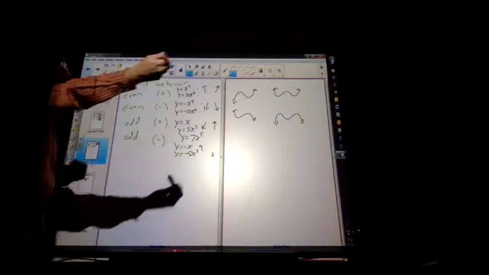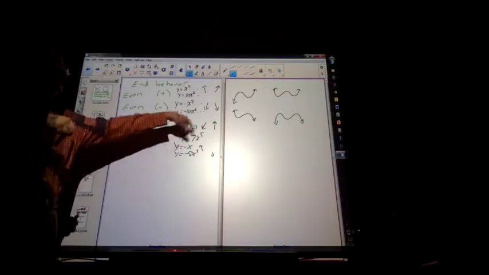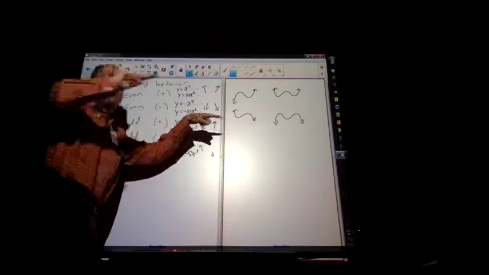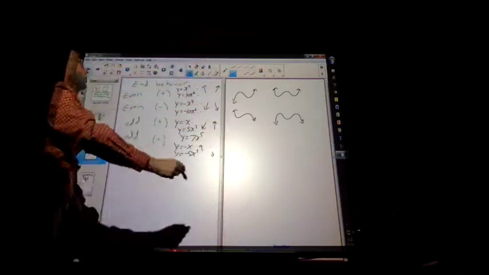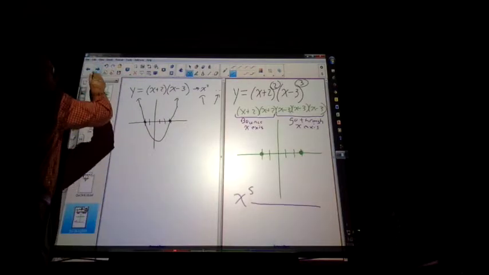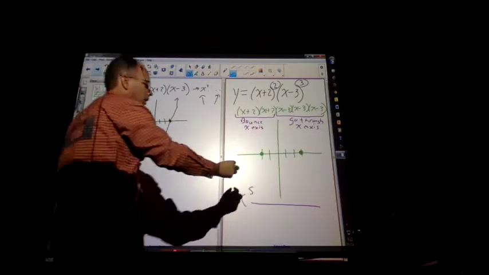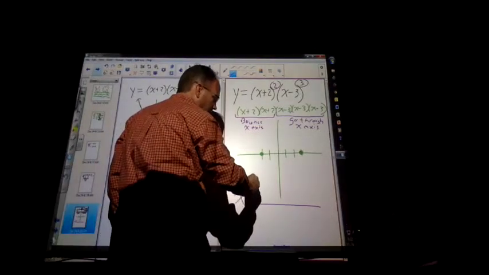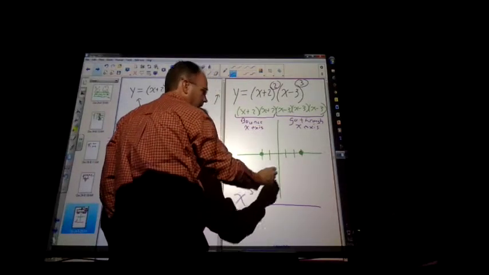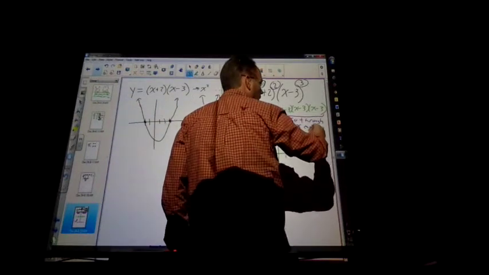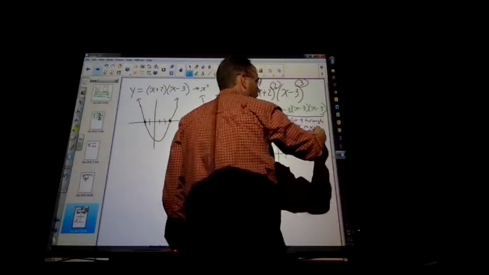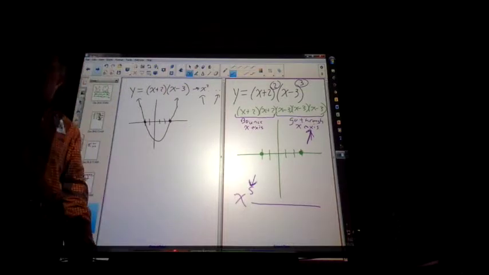As I go to negative infinity, my graph goes to negative infinity. As I go to positive infinity, my graph goes to positive infinity. So let's mimic that on our graph. This is coming down here doing this, and this end is going to be doing this somehow. Those are the ends of my graph.